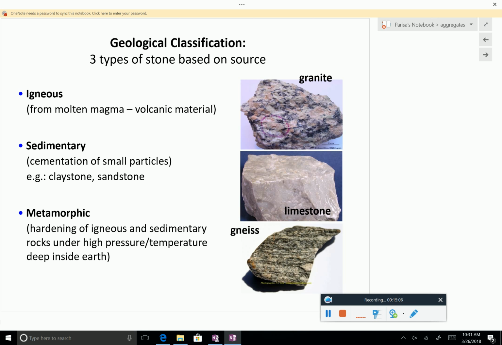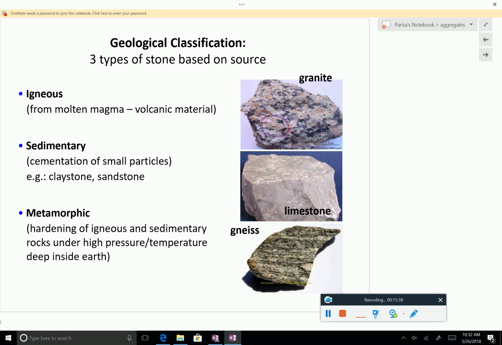So now we kind of want to learn about the properties. Now from introduction, kind of going towards what properties of these aggregates matter. So you may remember from geology that there are three main types of rocks, and the aggregates are coming from some of these rocks. Aggregates are pieces of rocks. So you can have igneous, you can have sedimentary, you can have metamorphic.